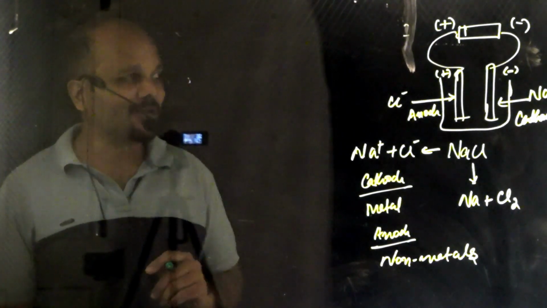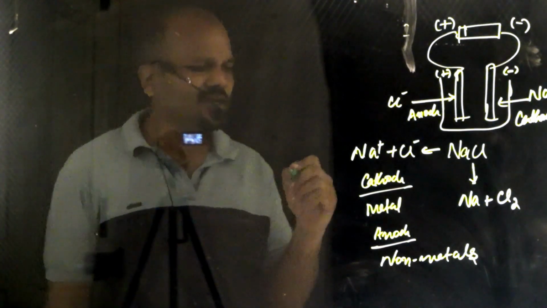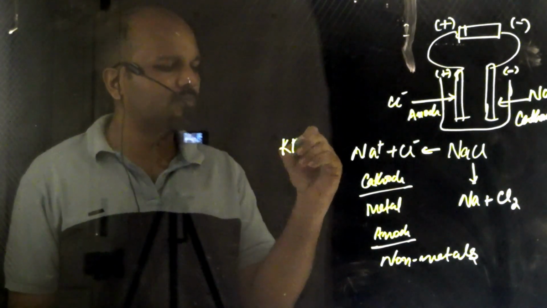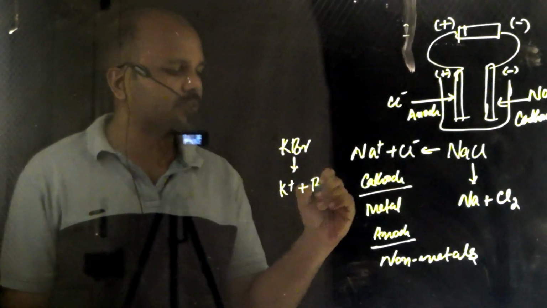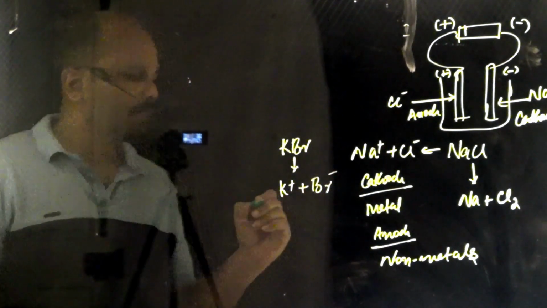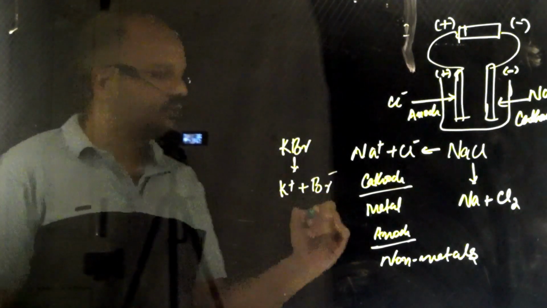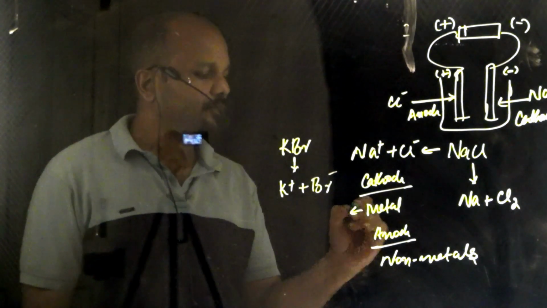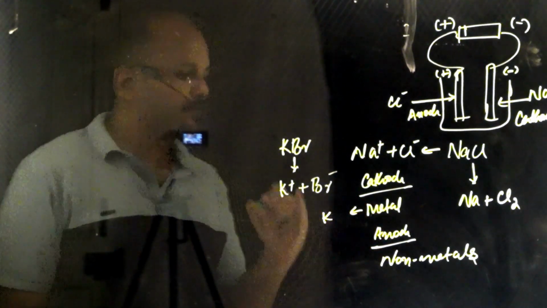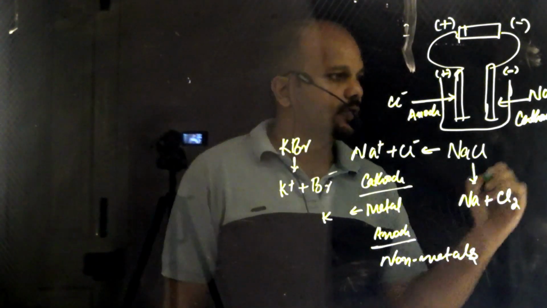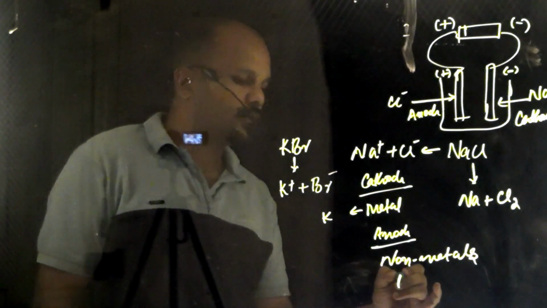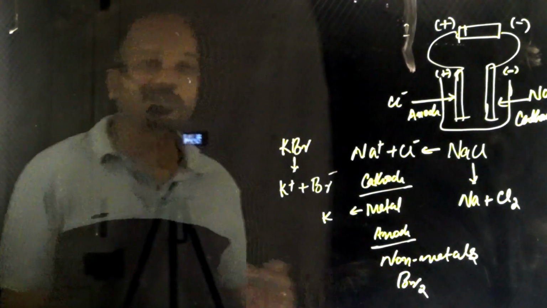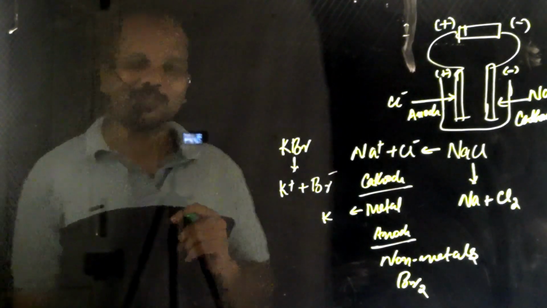Cl minus is a non-metal. If you take potassium bromide, it releases K plus and Br minus. Potassium goes to the cathode, and bromine gas is released at the anode.